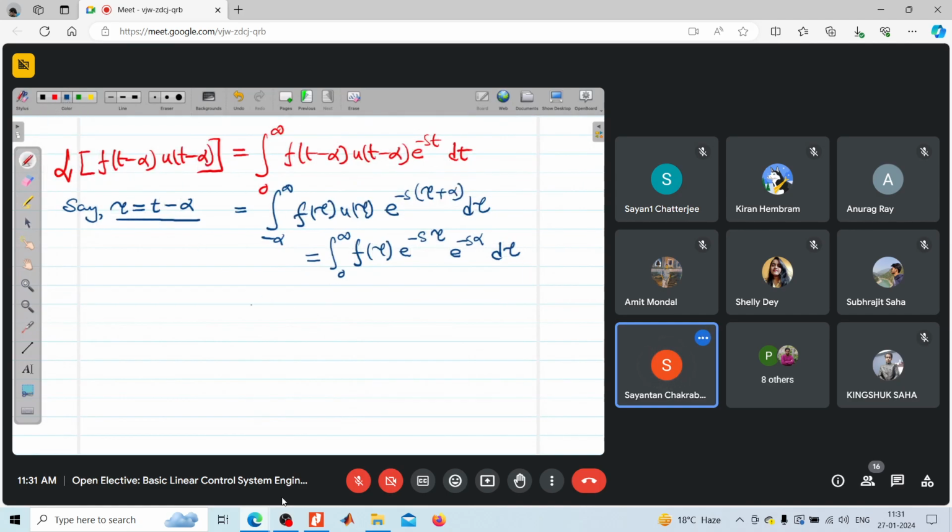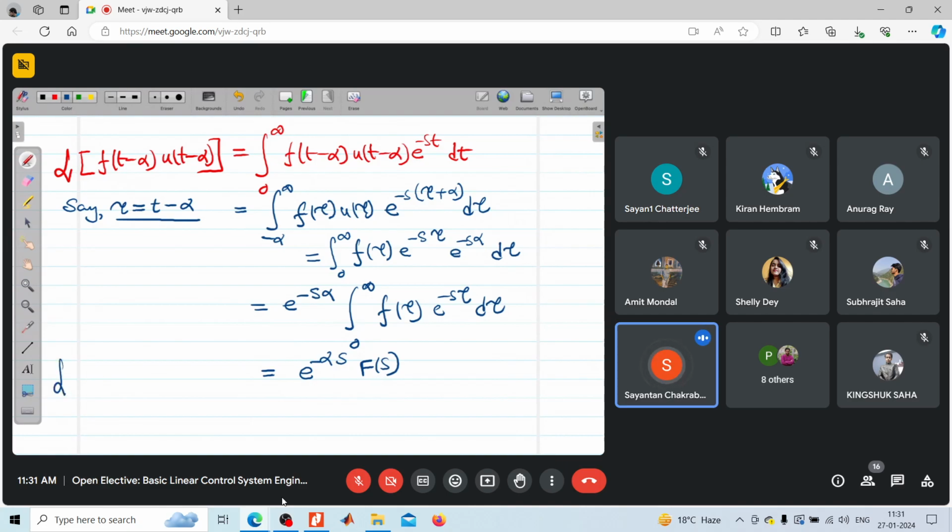From that, you can write e to the power minus s alpha times the integral from 0 to infinity of f of tau e to the power minus s tau d tau. So this is nothing but F(s). So it will be equal to e to the power minus alpha s F(s).